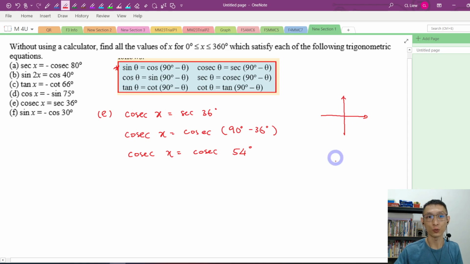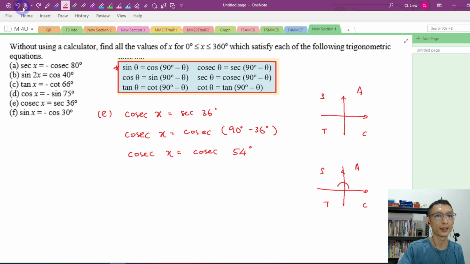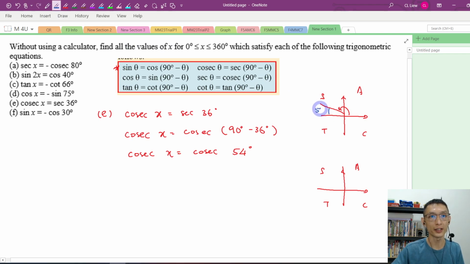So according to the rules ASTC, cosecant is actually 1 over sine, so it will follow the rules for sine. If sine positive, it will be positive. Okay, so this is positive. It will be over here, second quadrant, and the 54 degree is over here.